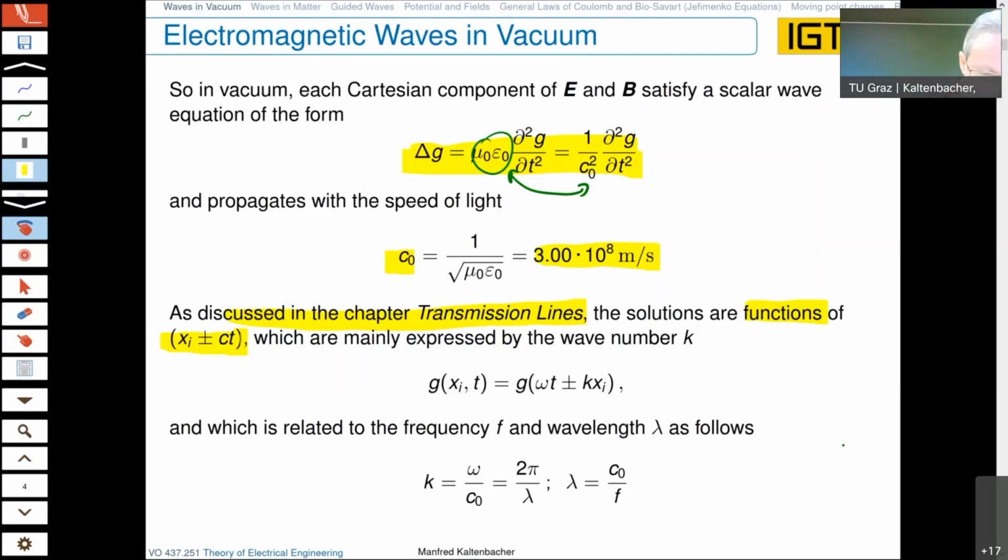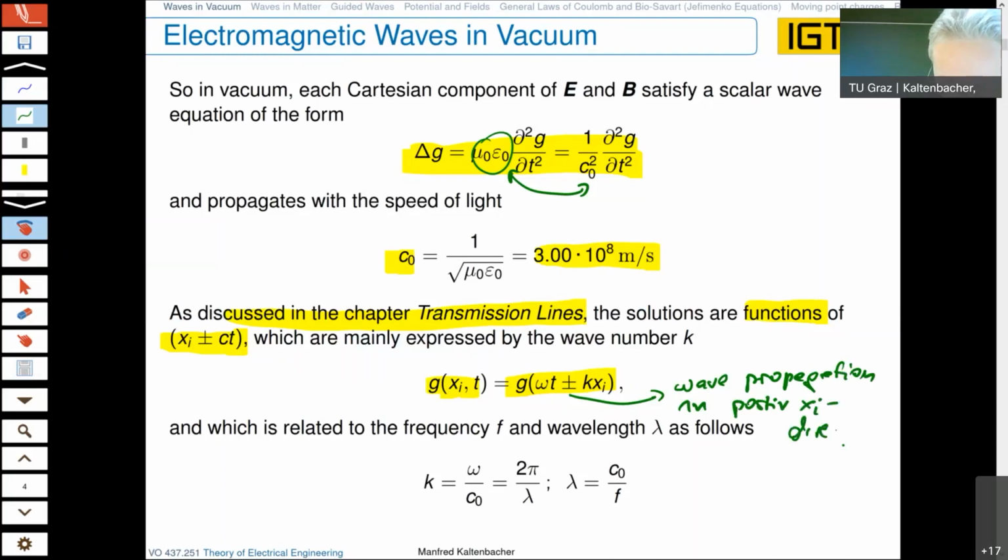Okay, and we get here then this solution where with the argument minus, we have a wave propagating in positive xi direction. So the minus will be a wave propagation in positive xi direction.